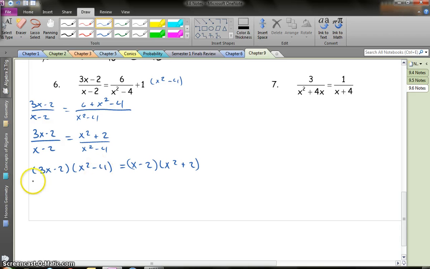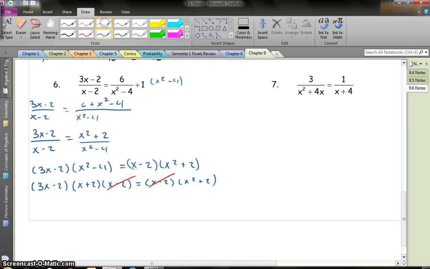Well, we have a difference of two squares. So I'm going to leave the 3x minus 2 alone. I'm going to have x plus 2, x minus 2 equal to this. Now, if you notice, I have an x minus 2 on each side. So if I were to divide both sides by x minus 2, that would get rid of that.